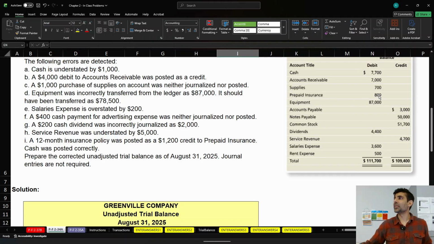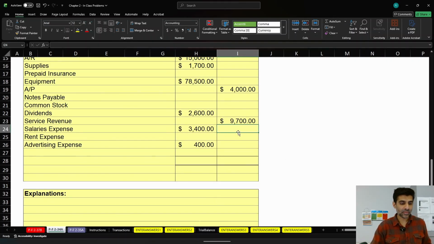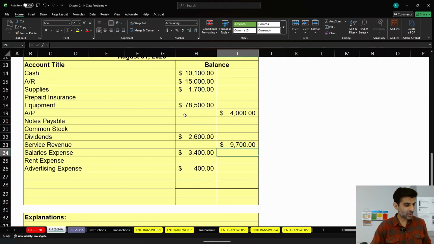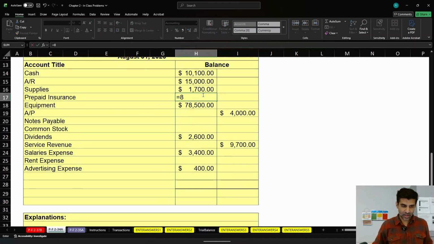It's double the mistake. When you switch to debit and you put it on the wrong side, it's not just adding that amount, it's adding double that amount. Okay? So 800 plus 2,400 is what that prepaid insurance is going to be. So 800 plus 2 times 1,200. You can just do it like that to make it explicit.